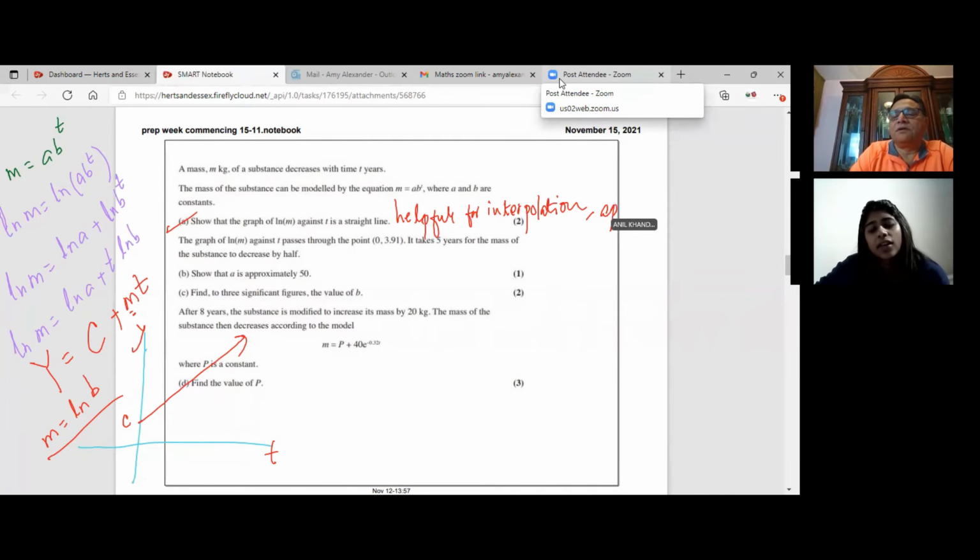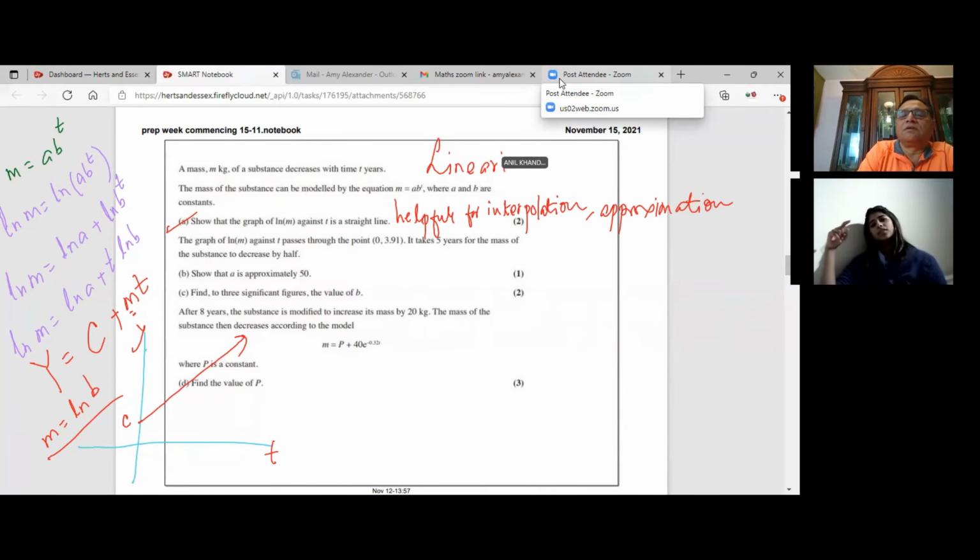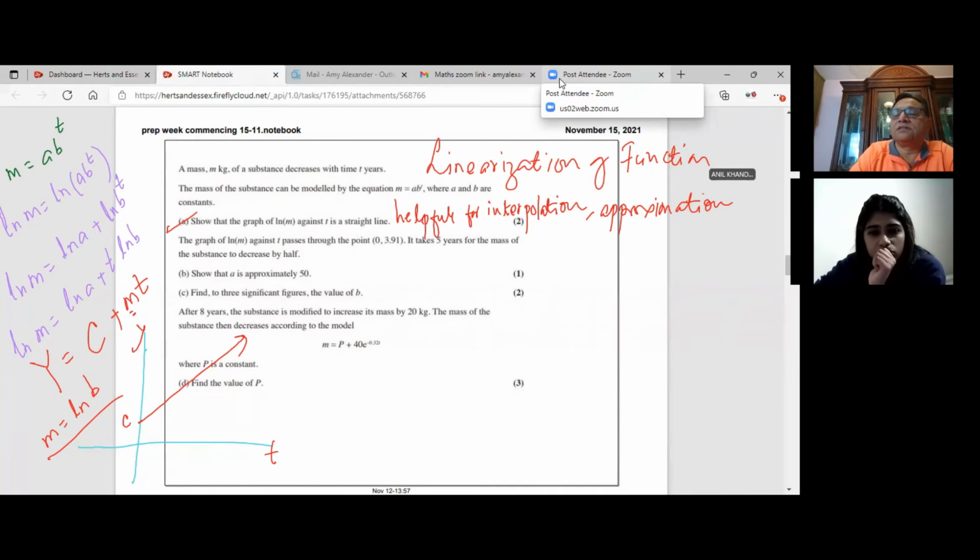Is this the same topic where you could extrapolate or interpolate? Yes, the chapter is linearization. That chapter didn't ring a bell, but when you said interpolation, I remembered. So for exponential functions, this is the technique.